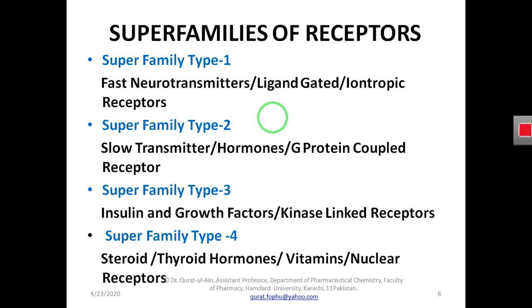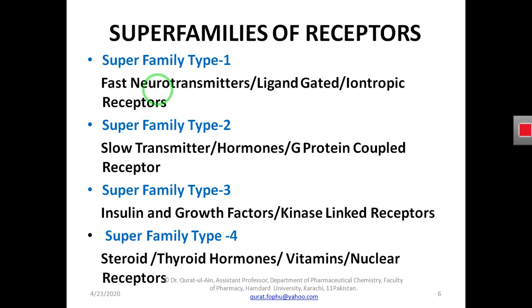Now we will see how many superfamilies of receptors exist. Receptors have four superfamilies. Superfamily one consists of all those receptors that are fast acting.